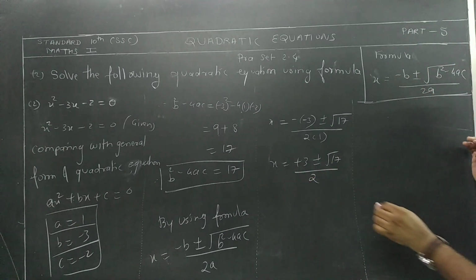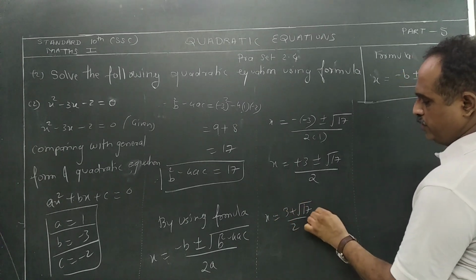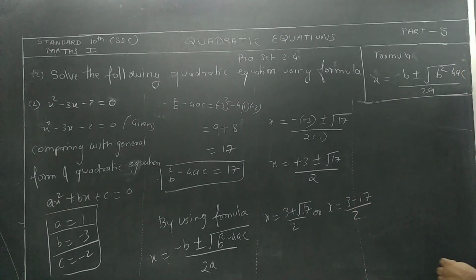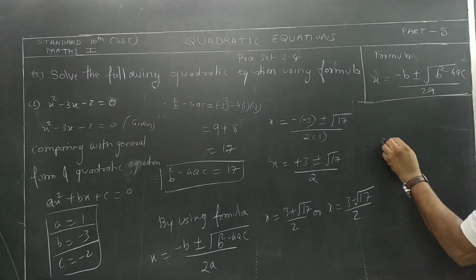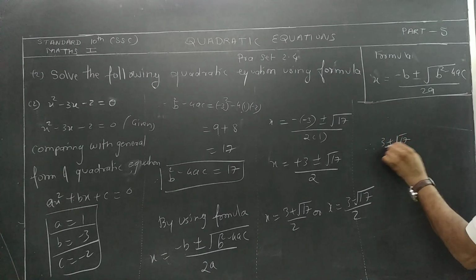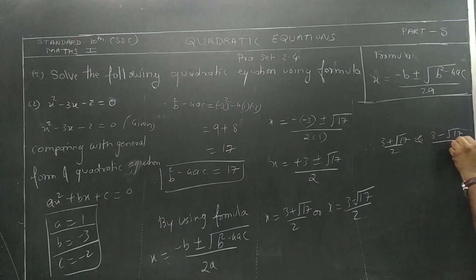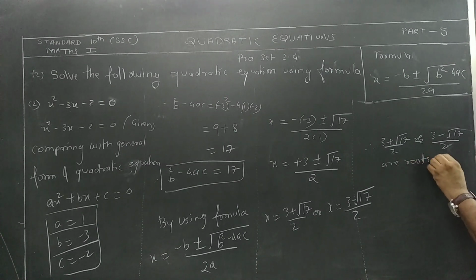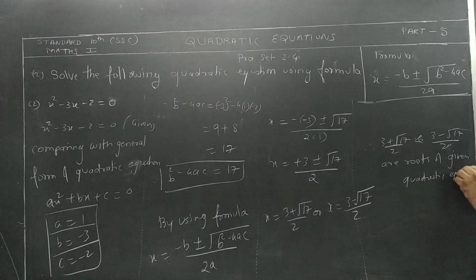So what answer are we getting then? x is equal to 3 plus root 17 upon 2 or x is equal to 3 minus root 17 upon 2. This is your final answer. Therefore, 3 plus root 17 upon 2 and 3 minus root 17 upon 2 are roots of the given quadratic equation.